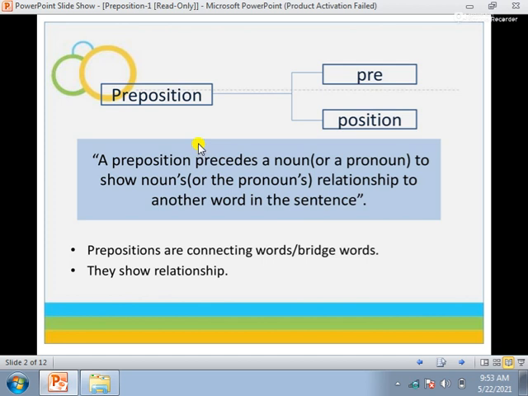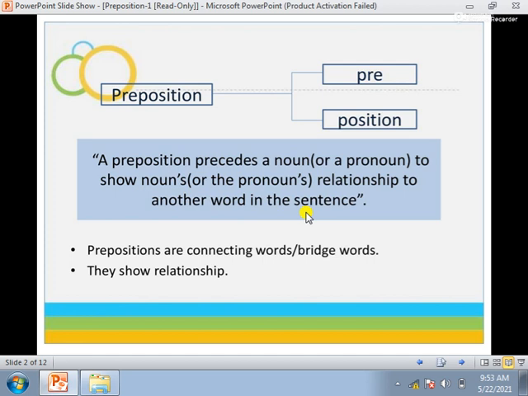At first you have to know what a preposition is. By the word preposition, what do you understand? From this diagram you can understand easily that pre means before, and position. So a preposition is placed before a noun or a pronoun to show the noun's or pronoun's relation to another word in a sentence.